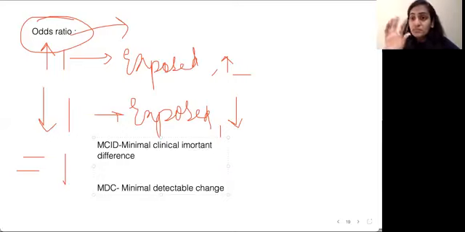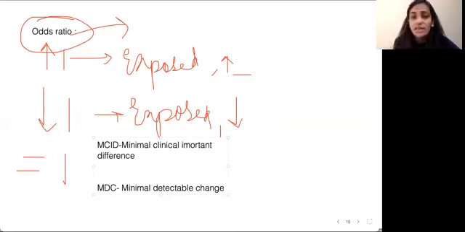That means the difference in my statistical study. Let's say I say that my study is statistically significant, by how much is the difference? Like, if I say TENS is better than ultrasound, then I am not seeing it clinically. By how much is the detectable change statistically? That is my minimal detectable change.